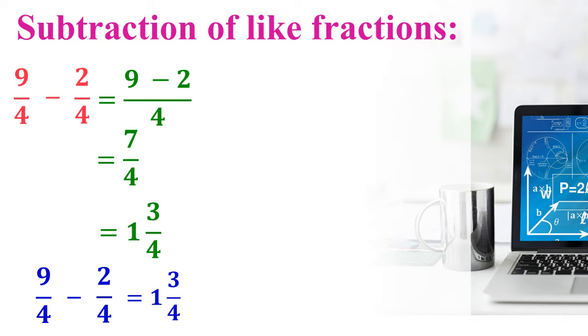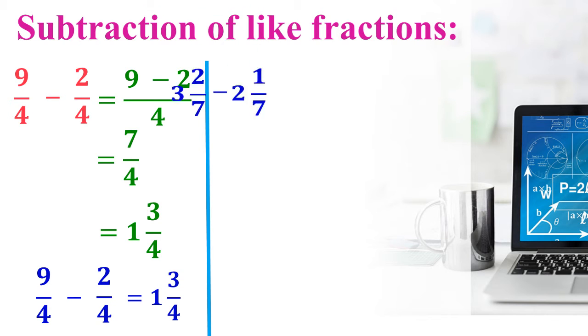Let us see another example: 3 and 2 by 7 minus 2 and 1 by 7. Here these are mixed fractions. So first convert the mixed fractions to improper fractions.